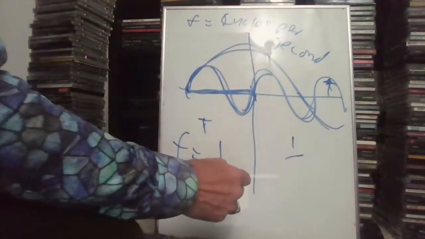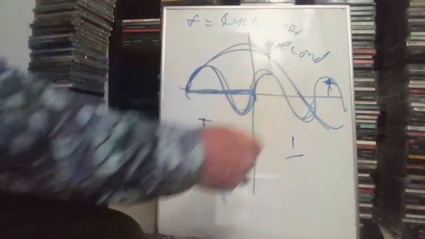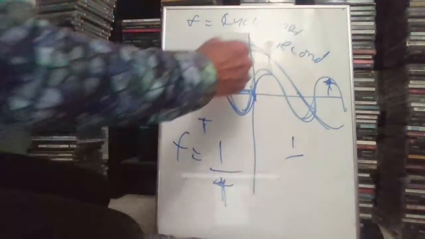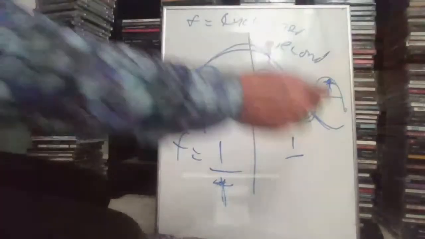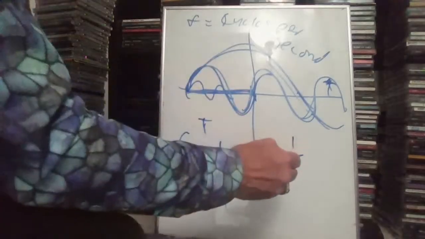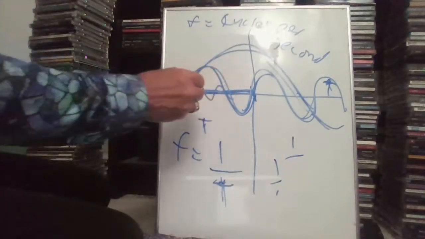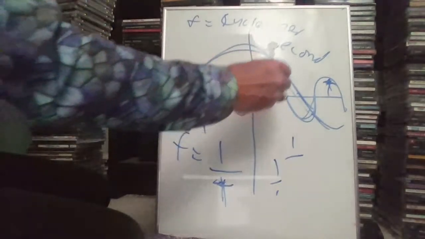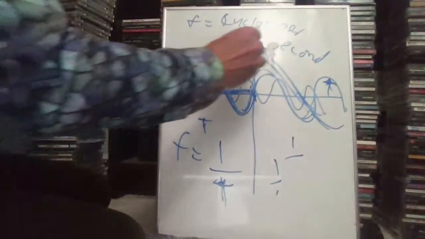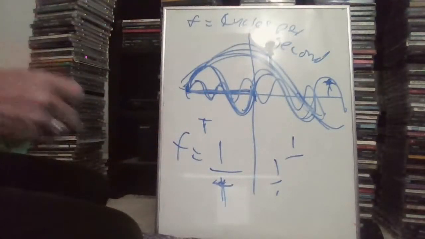So a big period makes a little frequency, because the frequency goes down as the period gets higher. Inversely, as the period gets smaller, the frequency is 1 over a small number, which makes the frequency bigger. So short periods make big, high frequencies. Big periods make low frequencies. So period and frequency are inversely related. So there's that so far.